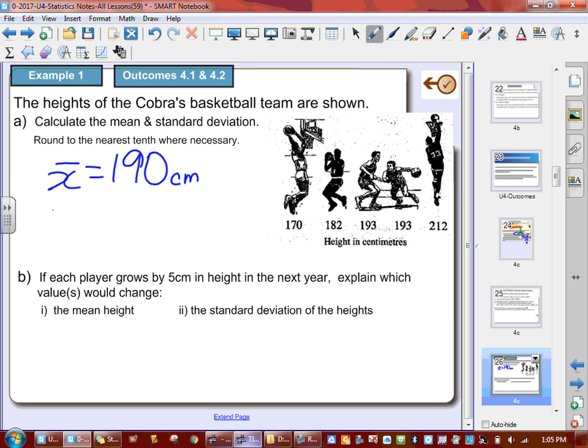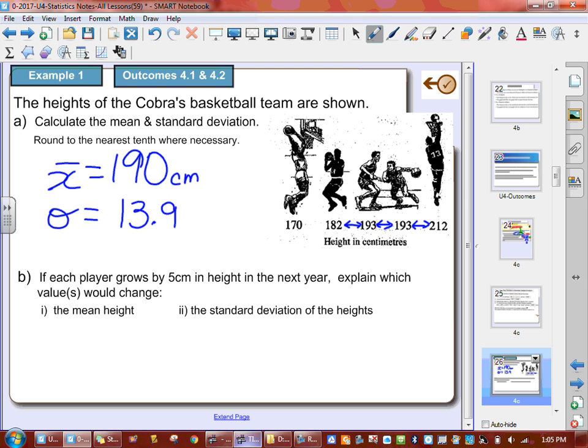And then it's got a standard deviation. The standard deviation is going to be 13.9. Now what that means is the average spread between each of these numbers is 13.9. That's what they're saying, is the average spread between the numbers is 13.9.